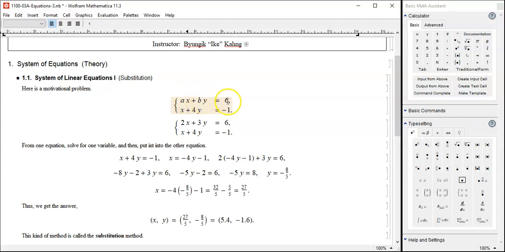Ax plus by is equal to a certain number, capital A, and cx plus dy is equal to another number, say capital B. This is a kind of structure.